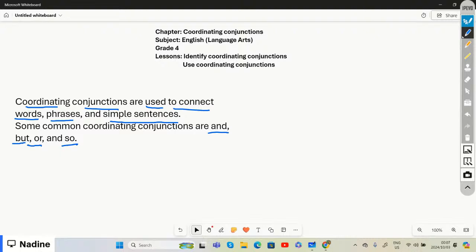All right. So we see that we are doing coordinating conjunctions, and it's used to connect words, phrases, and simple sentences.